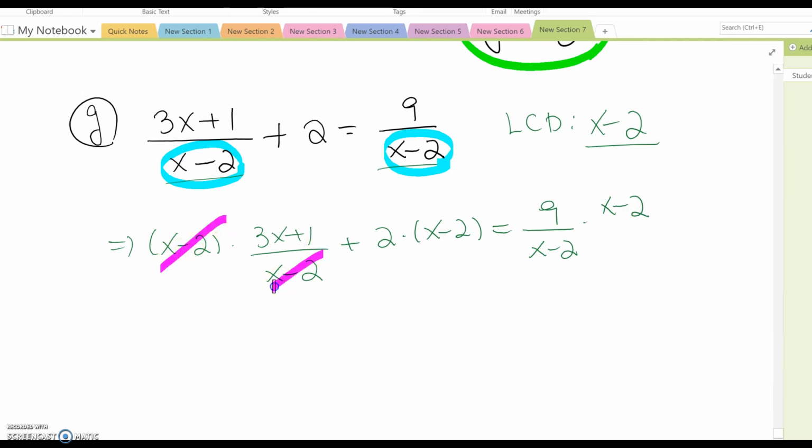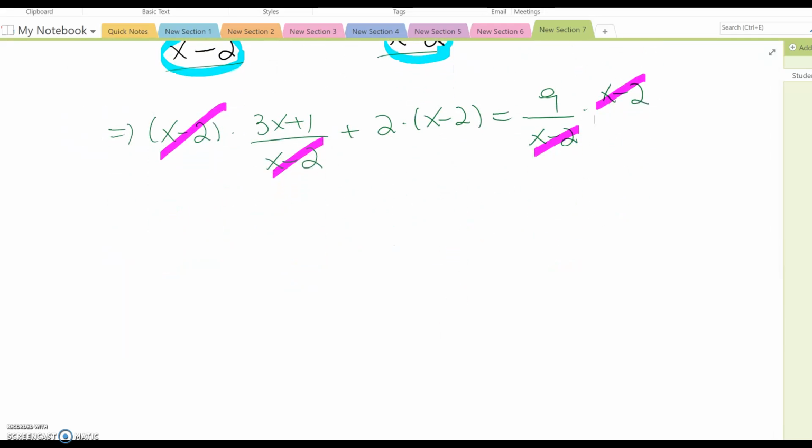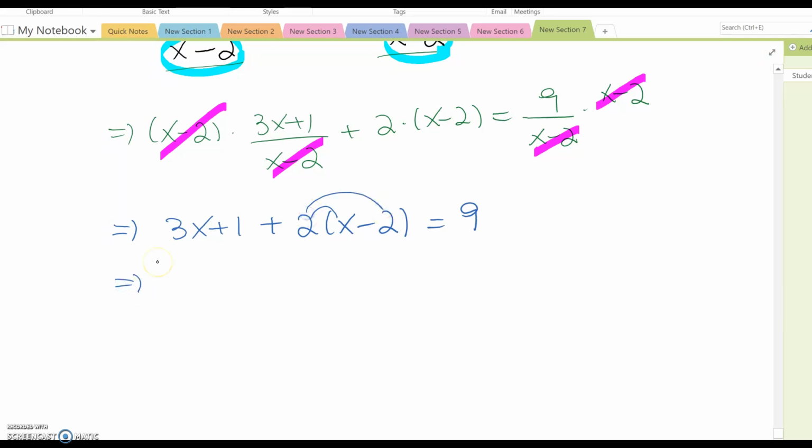So you cancel this out. Then this equation becomes 3x plus 1 plus 2x minus 2 equal to 9. Now you distribute, then this becomes 3x plus 1 plus 2x minus 4 equal to 9.